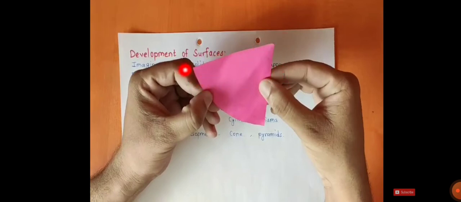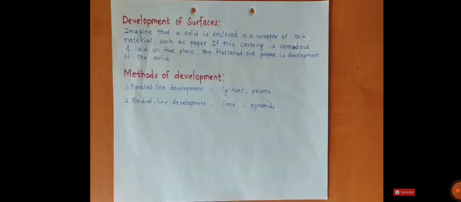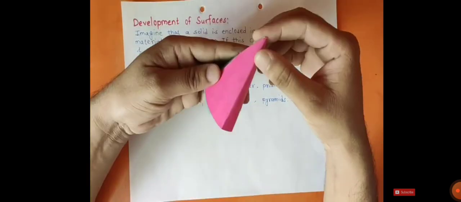Here we have some radius, and if we rotate through a particular distance or angle that we know, we can easily develop the surface. When unfolding the cone, we get a surface like this, so it will be solved by the radial line method. Whether it is a cone or a pyramid, we go with the radial line method.